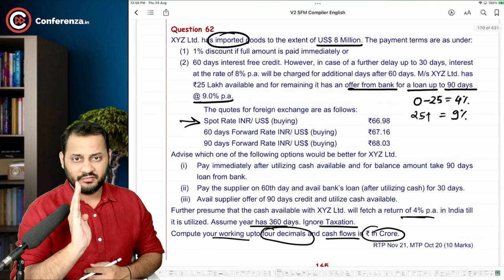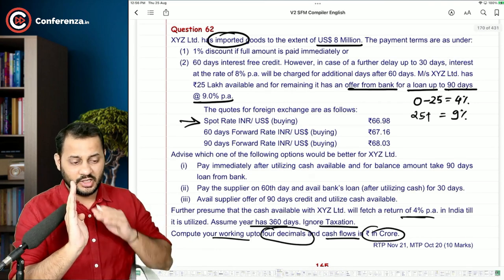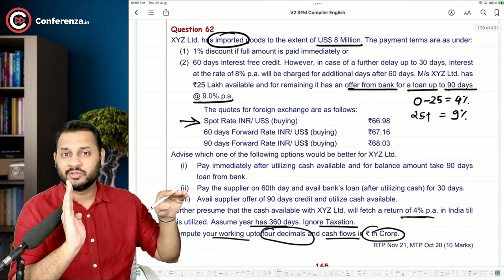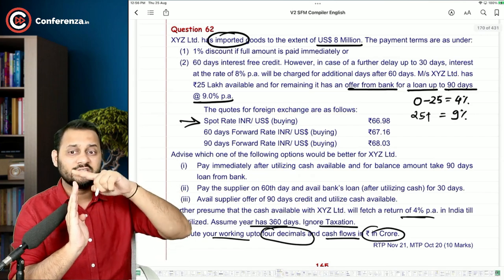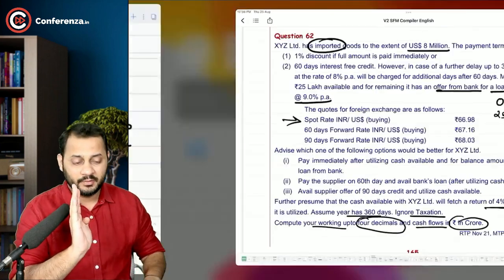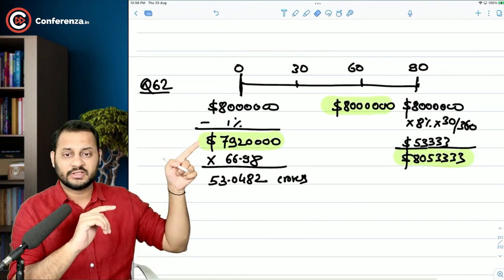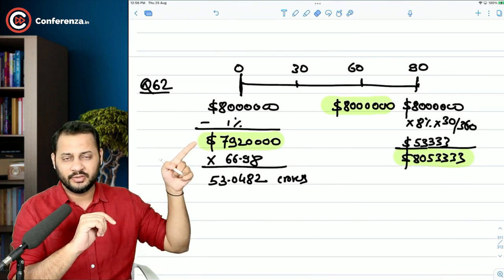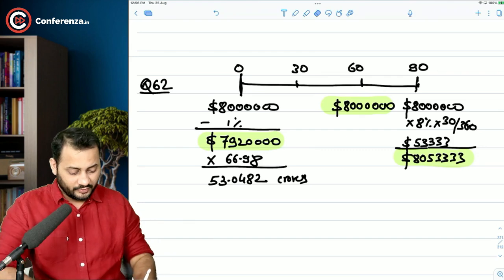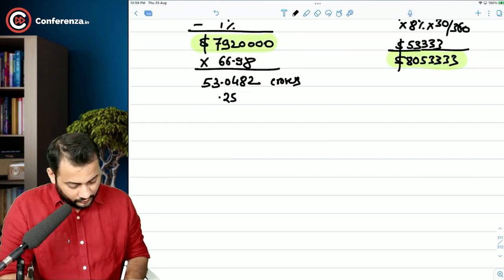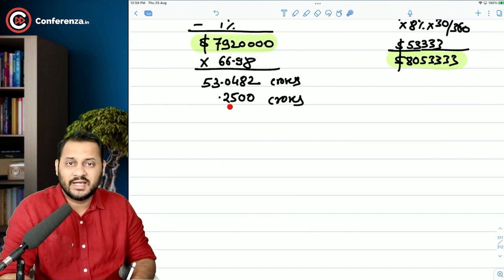Either we can take the opportunity cost, or we can take the income earned from that 25 lakh rupees. If we use the 25 lakh rupees today itself, straight away, for the next 90 days, we are not going to earn anything on that, because we used this 25 lakh rupees in this first option. We will require 0.2500 crores. How will you write 25 lakh rupees?